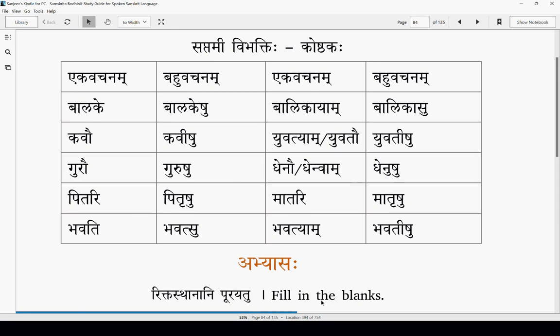Kavi is like poet. Kavishu Kalidasah Uttamah.